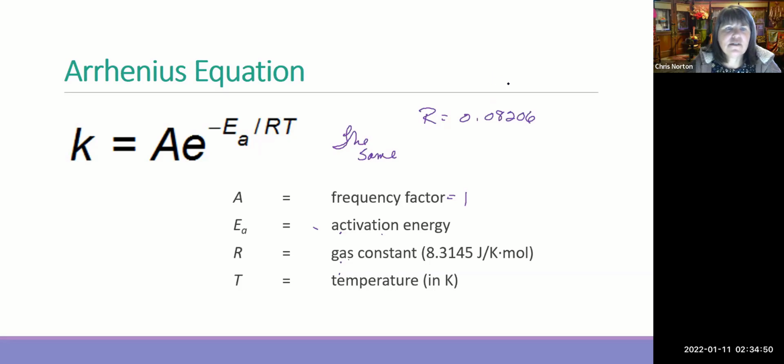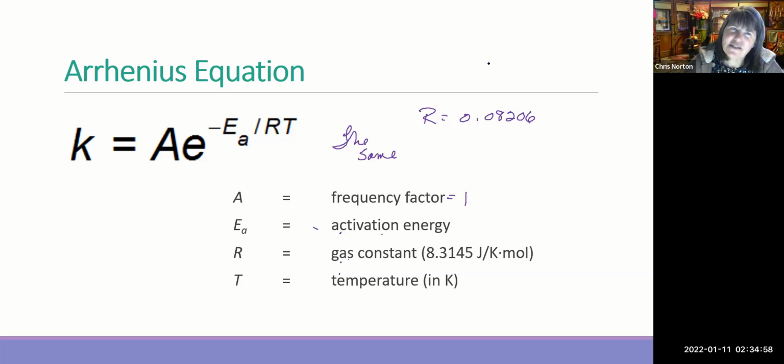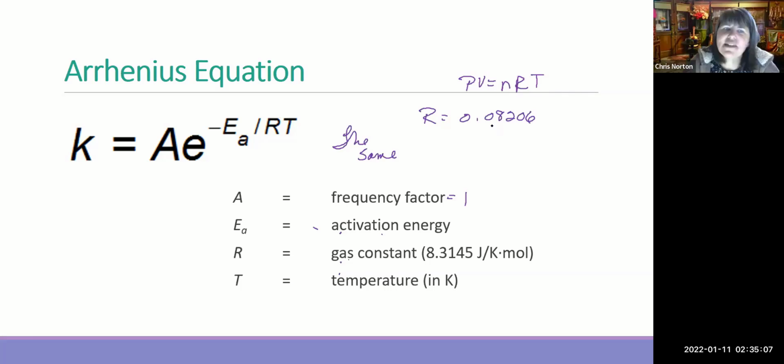Patty, you want to give it a go? Pass. Patty, before I let you pass, what's the ideal gas law equation? PV equals nRT. You want to take a stab at the units now?